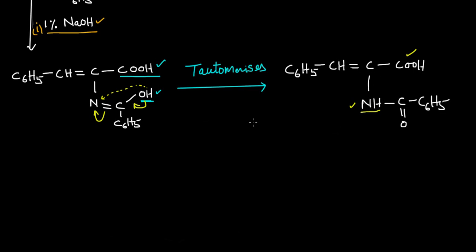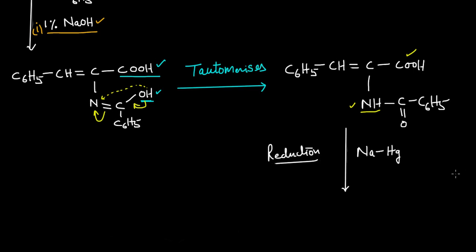So how can we do? So now we do the reduction. इसका reduction करें. We have to do the reduction, and that is by the sodium amalgam. We do the reduction in sodium amalgam. So this is the reduction process.